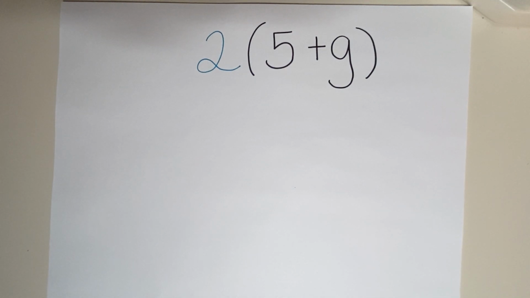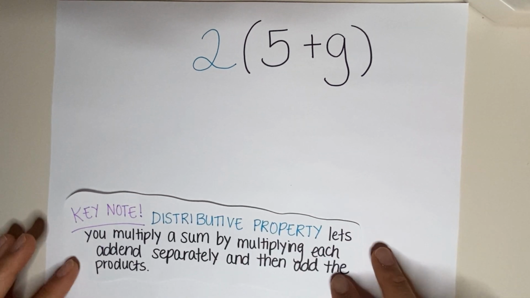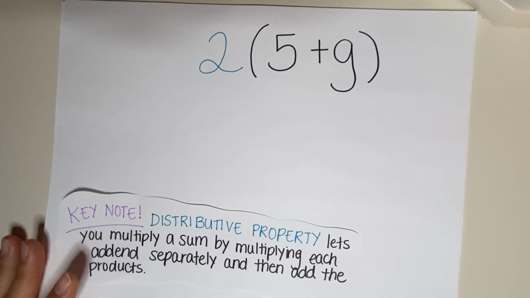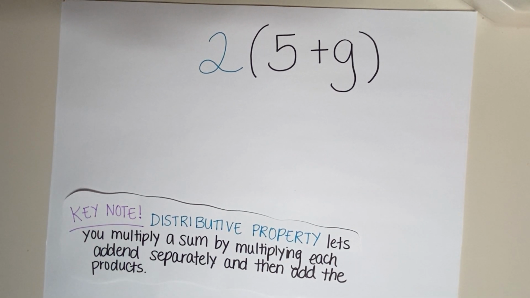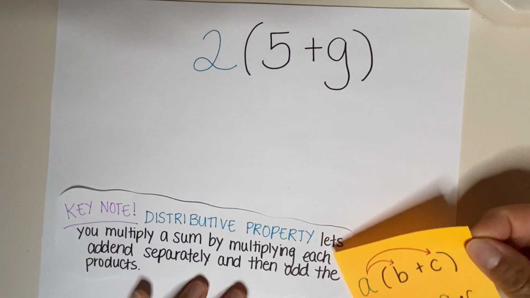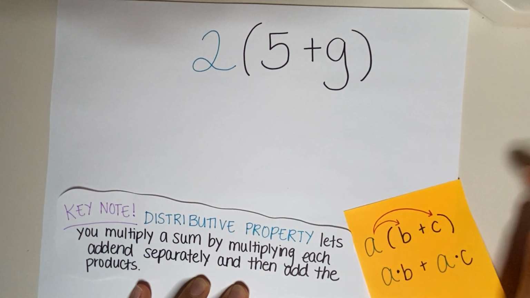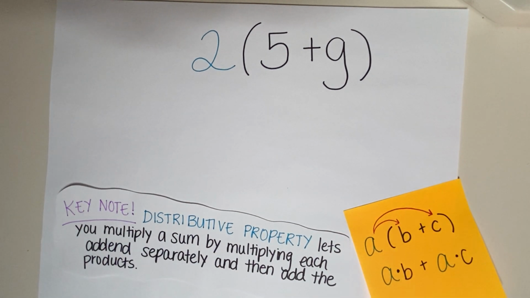So now we have 2 is being multiplied to 5 plus g. Here's our keynote. We need to use a distributive property. Here's our little model of how to do it. Let's begin.